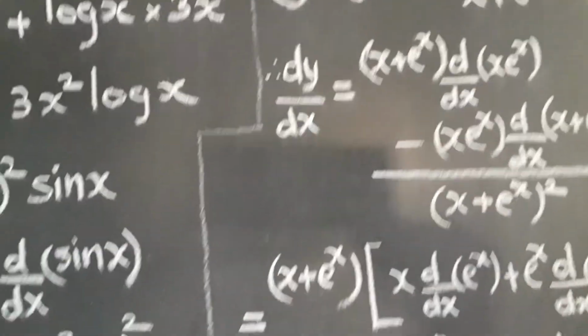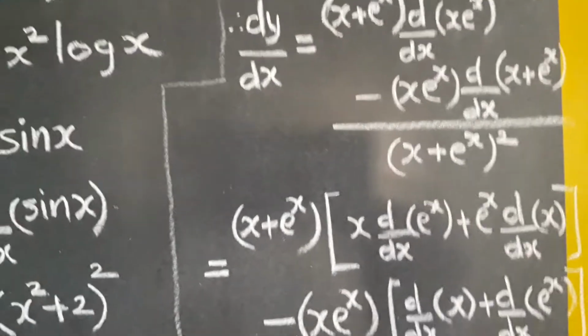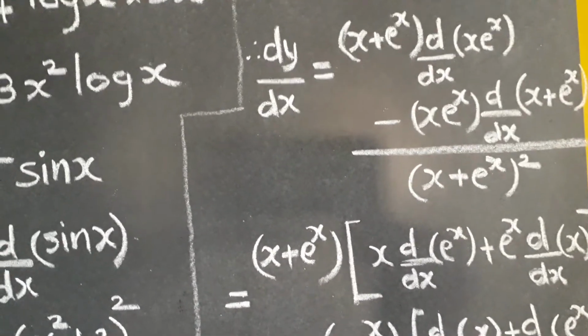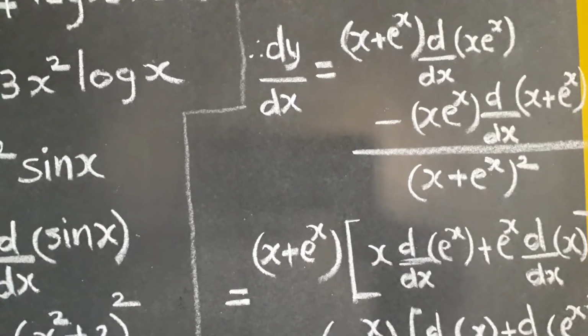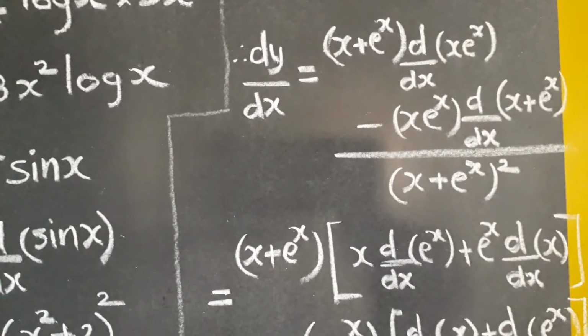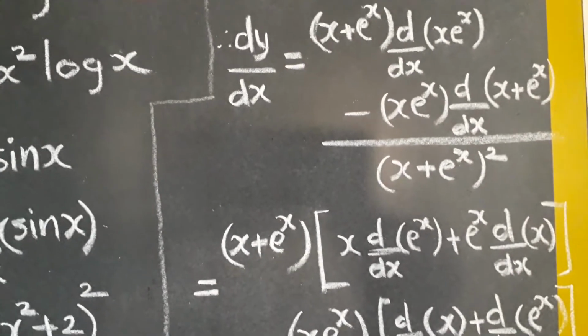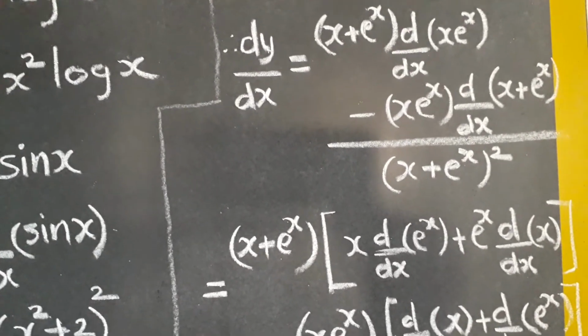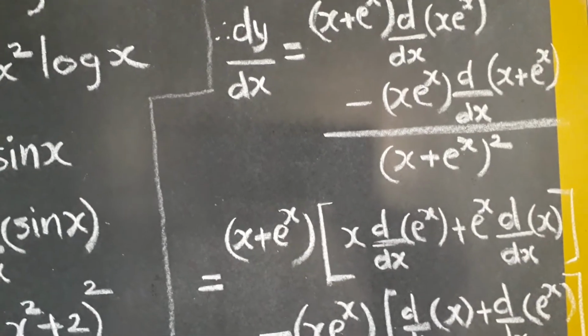We just check whether we have written whatever we have told you. Yes, x plus e raised to x multiplied by the derivative of x into e raised to x, using the product rule. It is x multiplied by the derivative of the second factor plus the second factor multiplied by the derivative of the first factor.